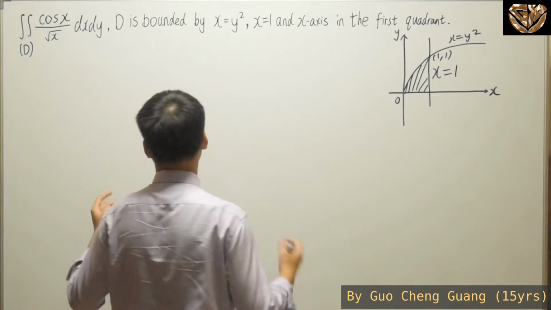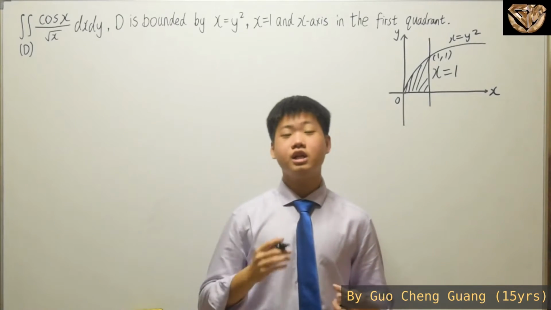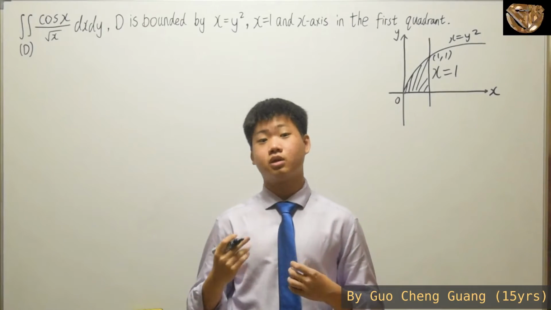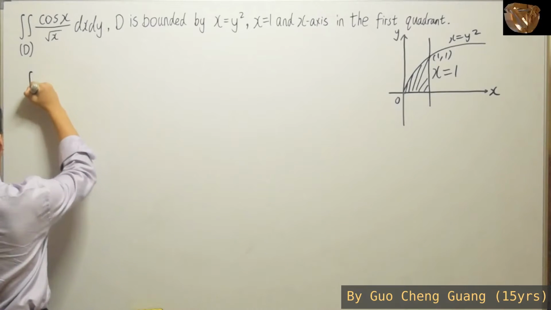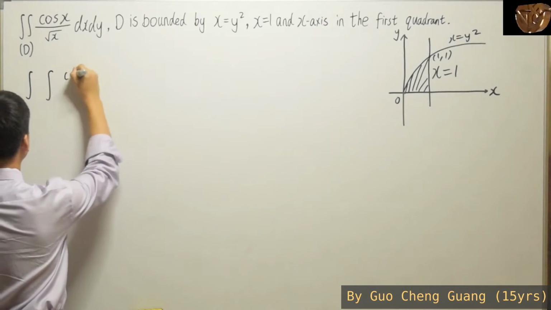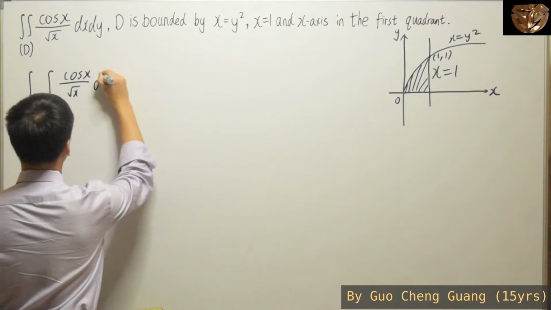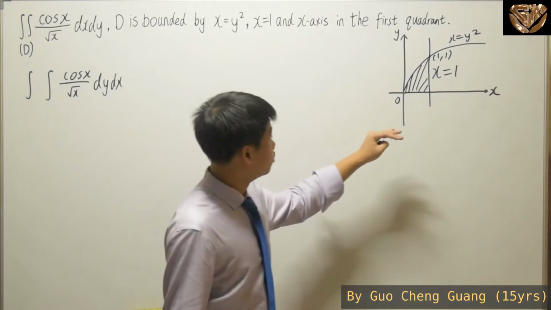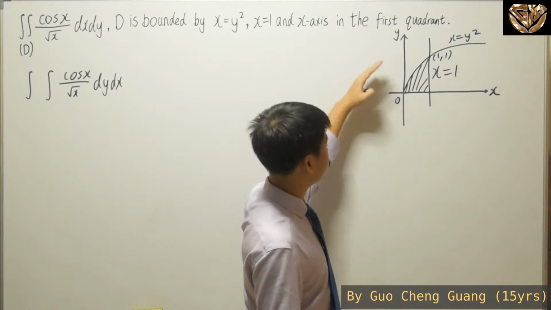Now, as we have said just now, if you want to integrate with respect to x first, it doesn't seem quite solvable. So, let's integrate with respect to y first. What happens when you integrate with respect to y? We have to move from your x-axis to the curve.